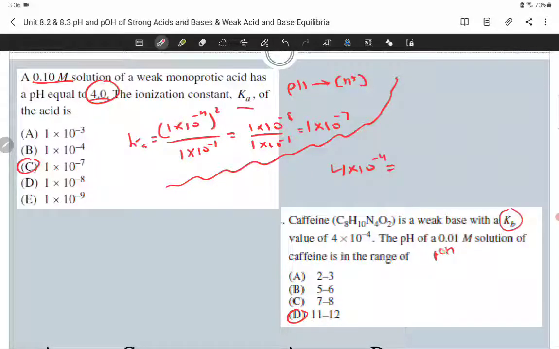Oh, I was thinking the question was going in a different direction. It's asking which of these answers has a whatever pH.